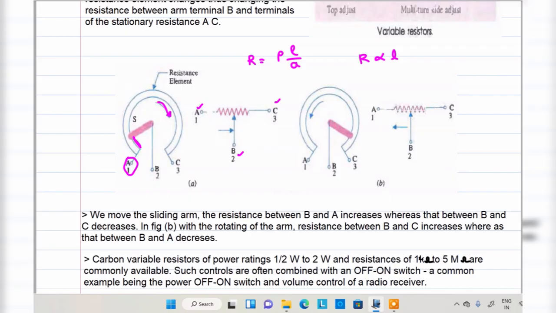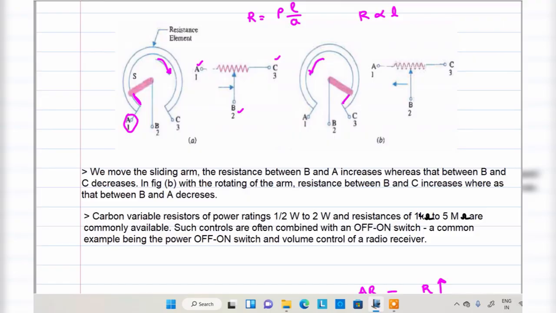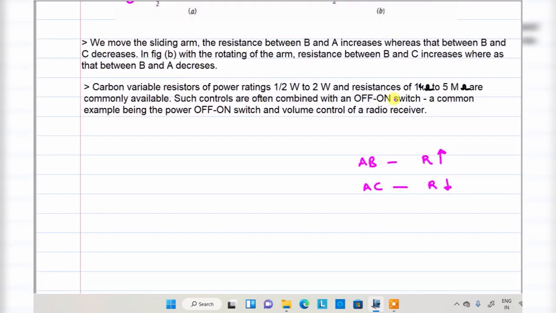Another thing, for example, this moving terminal B is moving in the anti-clockwise direction, right? So in that particular case, initially we have a resistance between B and C. It is a minimum length.